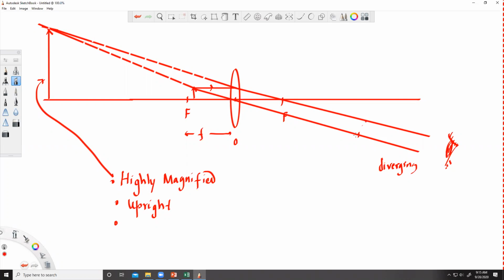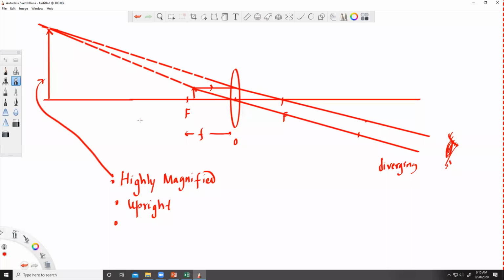Here, they are diverging a little bit. So if I draw it perfectly, it would meet maybe even farther than that, and make the image even bigger. I just draw it straight back, and they would be converging at some point. Do you want me to redraw that?